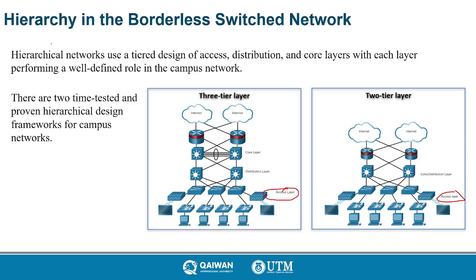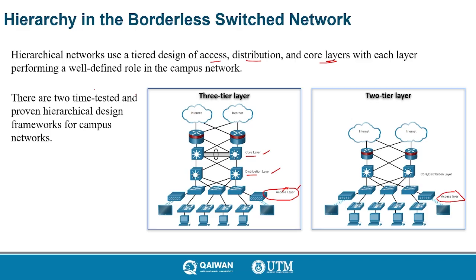that they need to make sure that the hierarchical network uses the tier design of access, distribution, and core layer. You see in the three-tier, we have distribution and core layer too, with each layer performing a well-defined role for the campus network. And each layer has its own responsibility. So for example, the core layer, the distribution layer, the access layer, they each have their own responsibility.